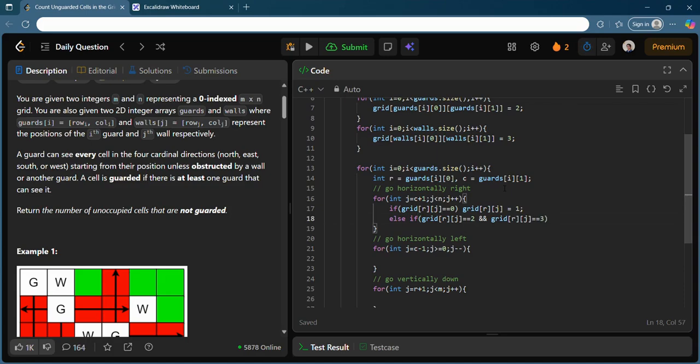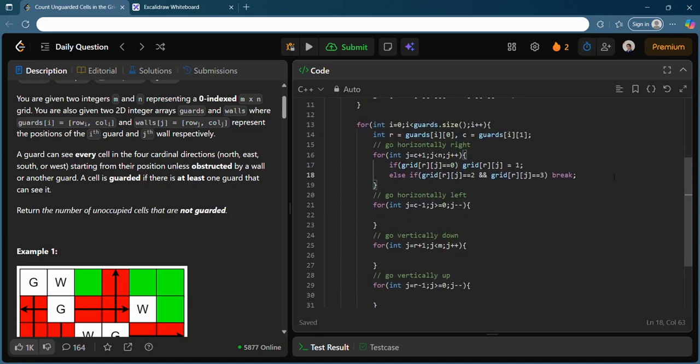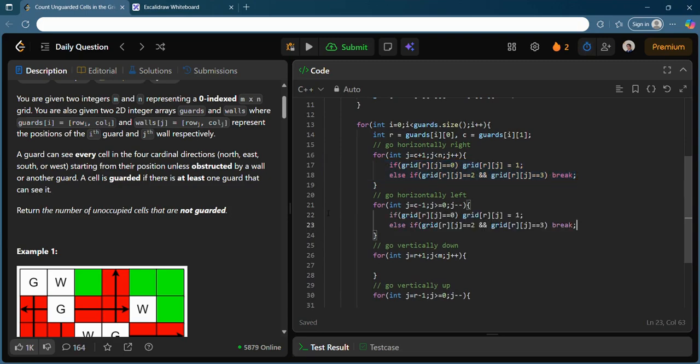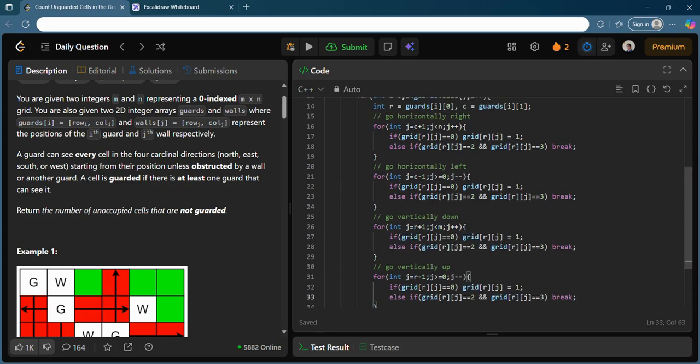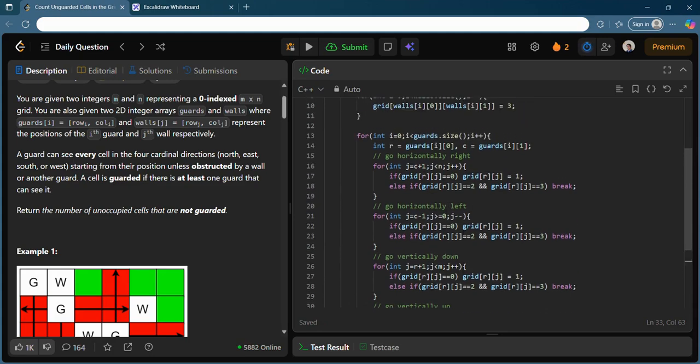So if a guard or wall exists, what will I do? I can just simply break out from the loop, and it will be as simple as that. I can just copy this for all the 4 cases. All I need to do here is just change the dimensions accordingly. Okay, that I need to take care of.